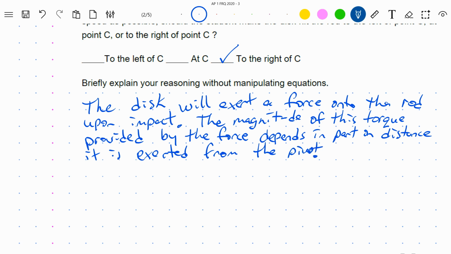Larger distances produce larger torques.